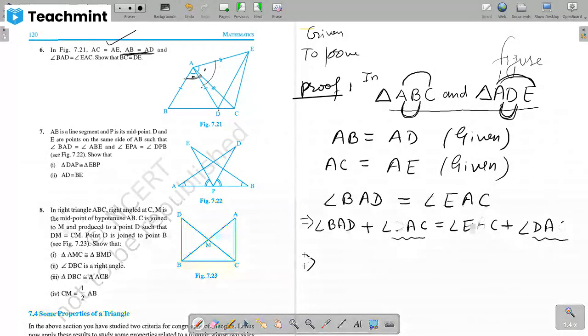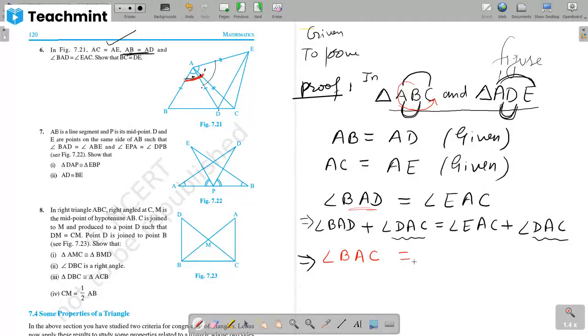If you add this angle DAC with this angle, you will get angle BAC. Instead of BAD, now you will get angle BAC. Now see, this angle BAC is here in triangle ABC. Clear? Now, how will we get angle BAC?